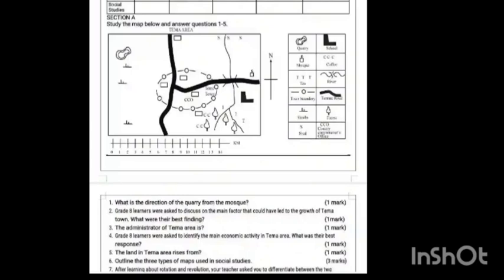And number 4, grade 8 learners were asked to identify the main economic activity in TEMA area. What was the best response? Economic activities are any activities that you do to earn a living, right? So for TEMA area, what are the people engaged in as a source of livelihood?